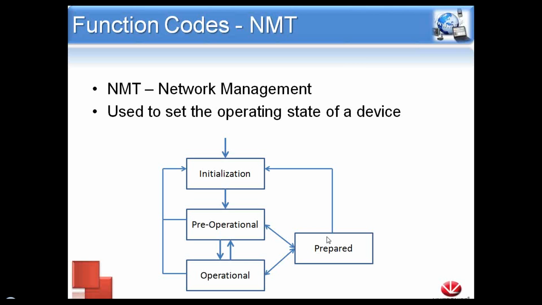The device will keep any settings that I have programmed into it, but it's going to stop sending out data unless requested. To get the device to start sending back data again, I'll have to put it back into operational mode. And this little flowchart here just shows you how to get from one to the other.